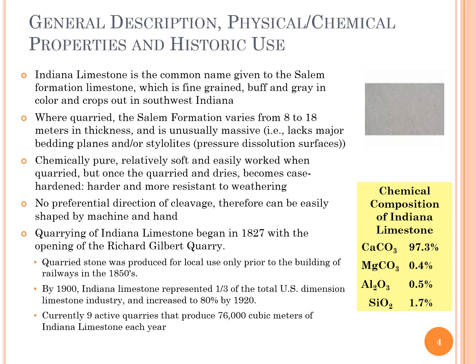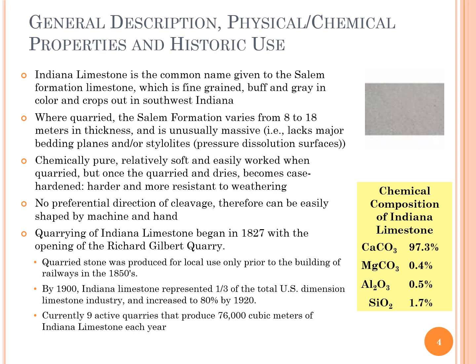Finally, quarrying of the Indiana limestone began back in the 1820s, and by the mid 1800s it was being used outside of the local area as railroads arrived. By 1900, believe it or not, Indiana limestone represented a third of all the U.S. dimension stone used for building, which increased to 80% by 1920.